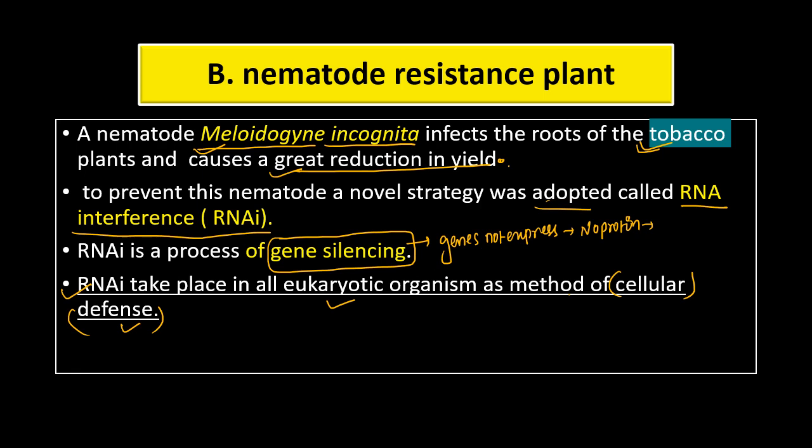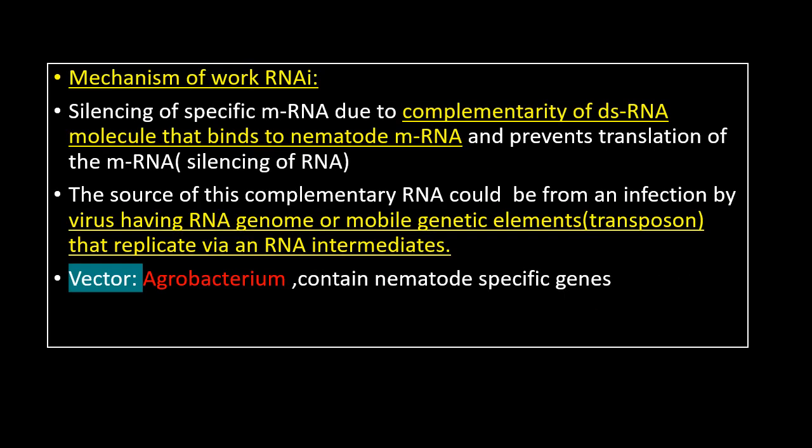RNAi is a process of gene silencing, and it takes place in all eukaryotic organisms as a method of cellular defense. Remember this, RNAi acts as cellular defense.